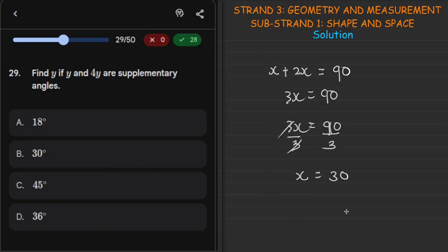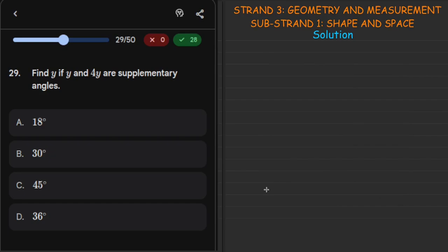Question 29. It says, find y if y and 4y are supplementary. Supplementary angles sum up to what? 180. If we have y and 4y and we are saying they are supplementary, it simply means when we add them, we are supposed to get a 180 degrees. So 4y plus y gives us a 5y.